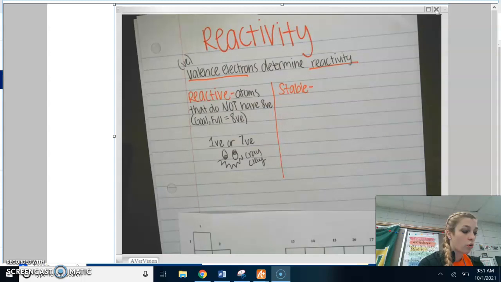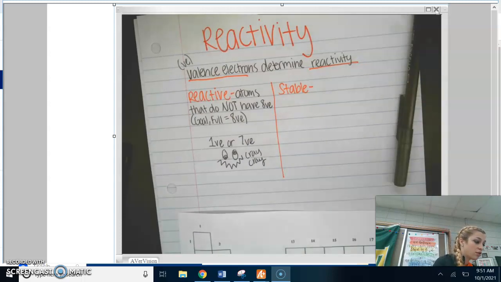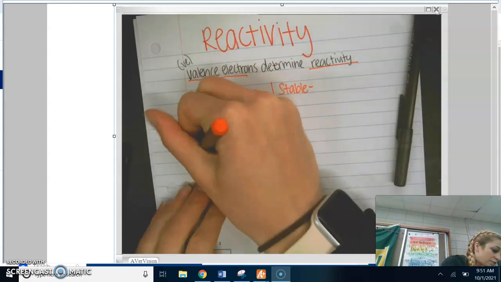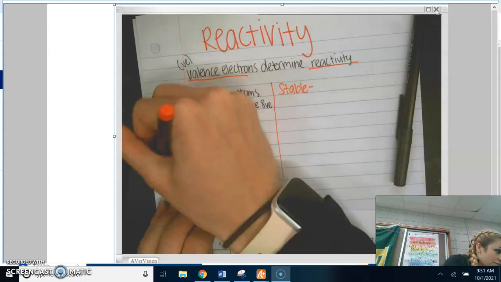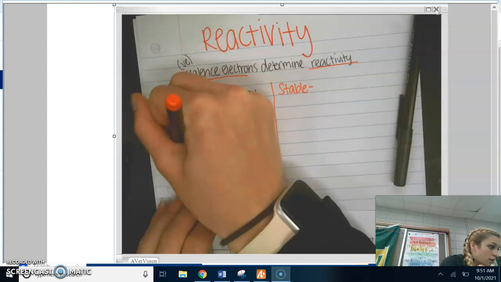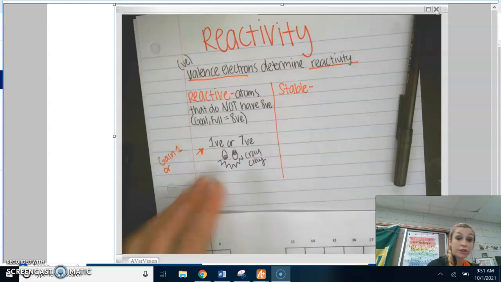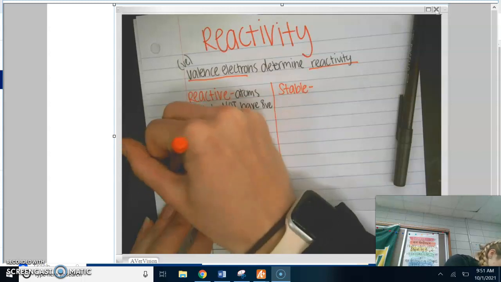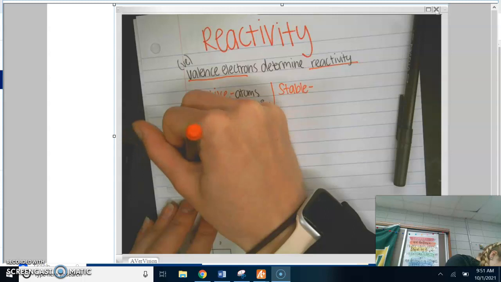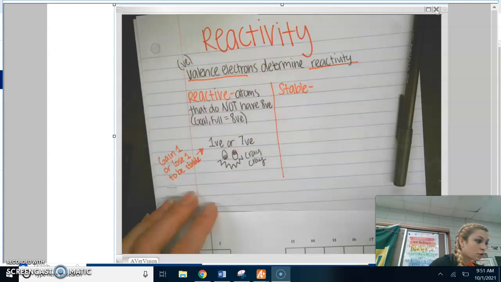So think about the goal. The goal is to have 8 VE. So these ones only have to gain 1 more if they have 7, or lose just 1 if they have 1, to be stable or to be full.